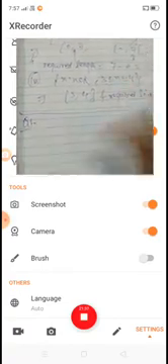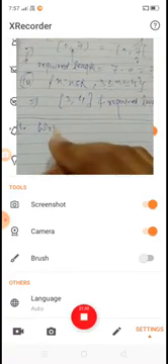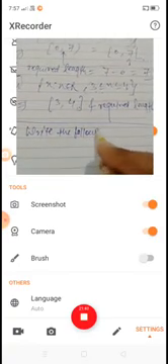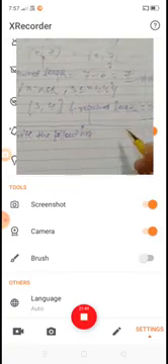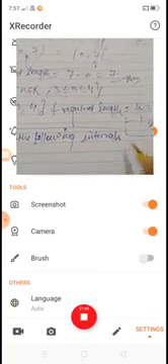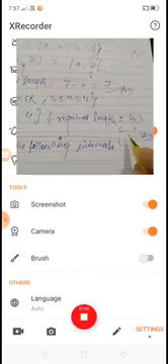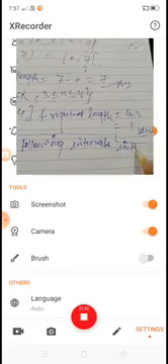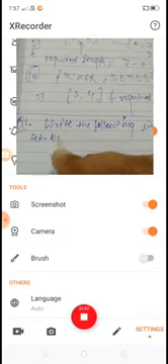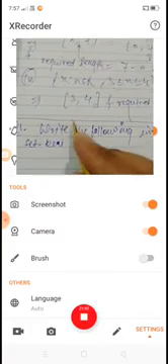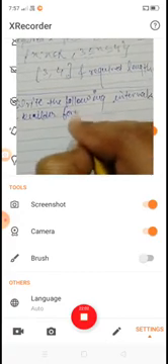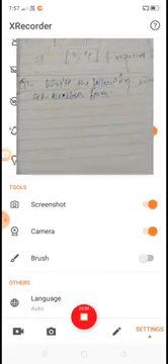Take another question. Write the following intervals in the set builder form.